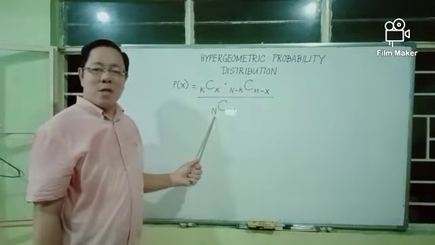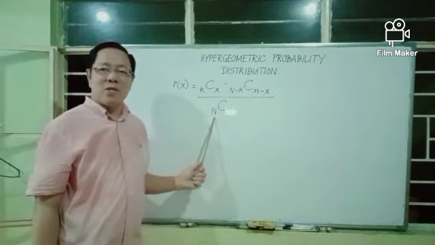Capital N here is the population size or the number of elements in the population.